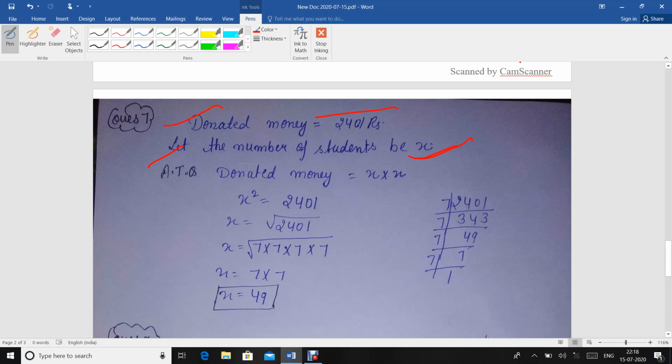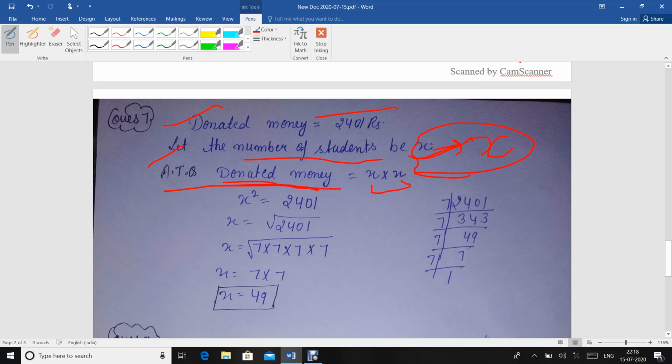But the question is saying that they donated as many rupees as the number of students. So we will multiply this x by this x, because according to the question we have to find the donated money.